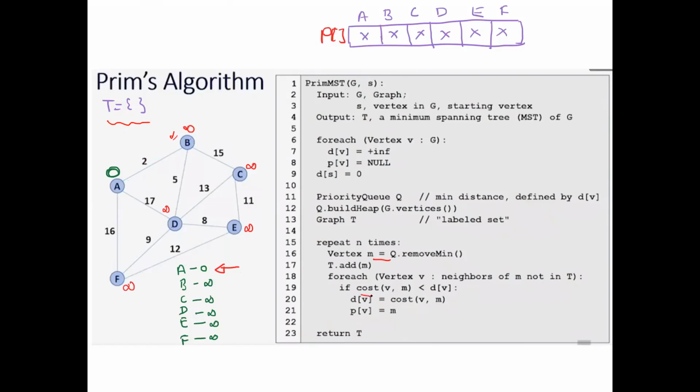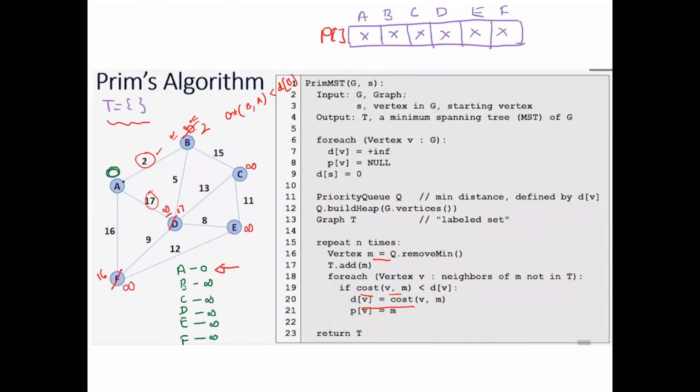That means if the cost of V M, here B comma A, is less than the distance of V, which is infinity, then update this key value to the edge weight. So B will become equal to 2 here, and for D the AD distance is 17, so its key value, earlier infinity, will be updated to the cost of VM, that is the edge weight, 17, and F will also be updated to 16.